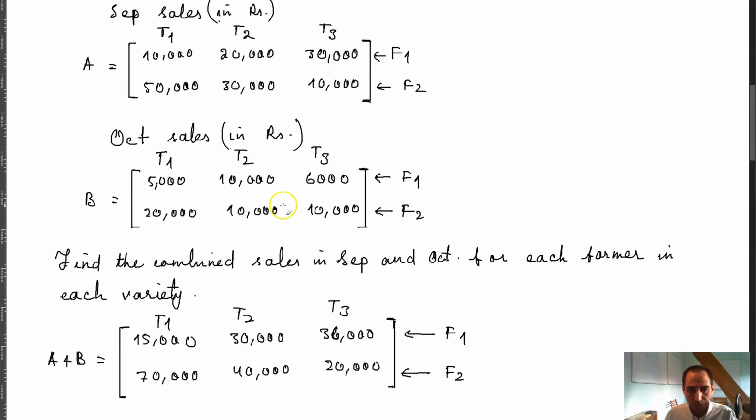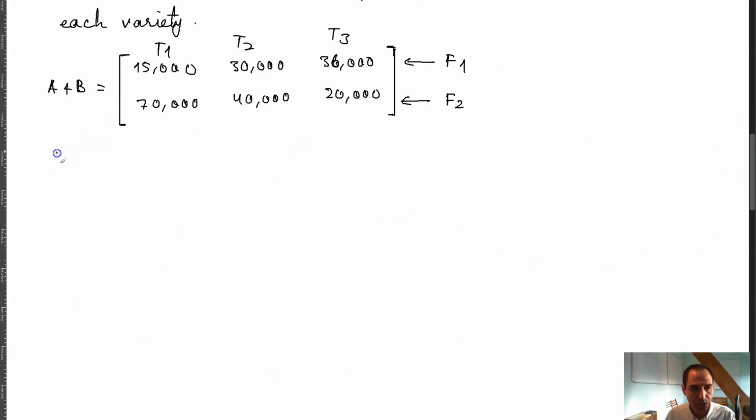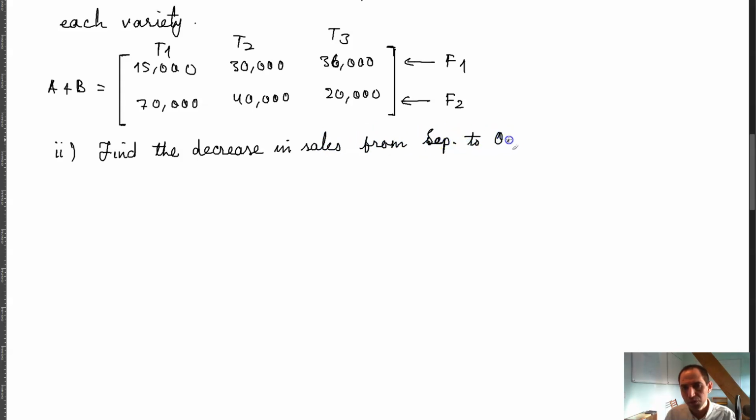Now, number 2, basically part 2 of the question, you want to find the decrease in sales from September to October.